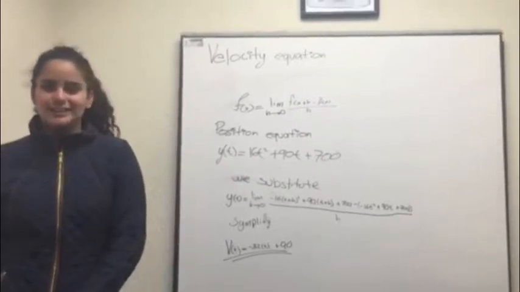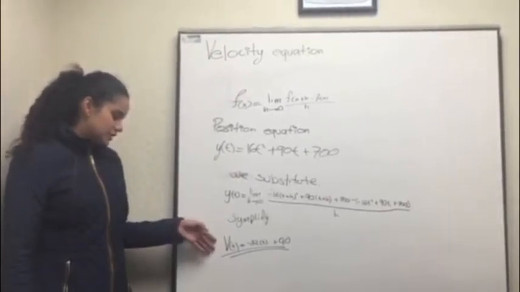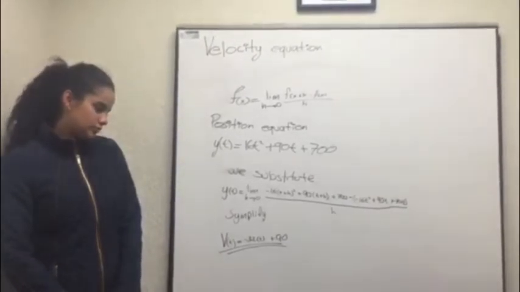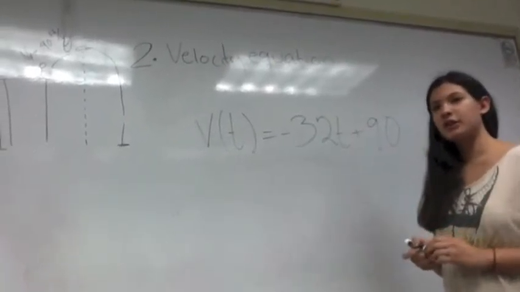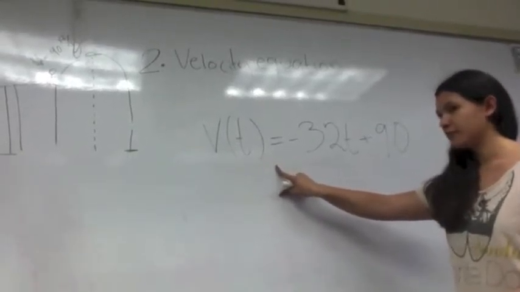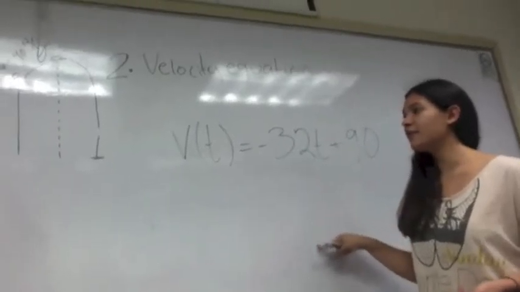And the last step, we need to simplify, and v(t) equals negative 32t plus 90. The equation of the velocity of the helmet means that it will have a certain velocity at a certain time, and for every second that it is in the air, it will have a different velocity.